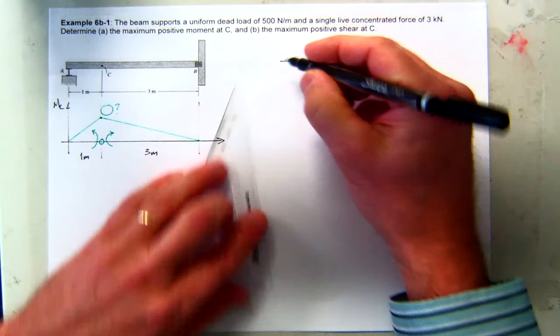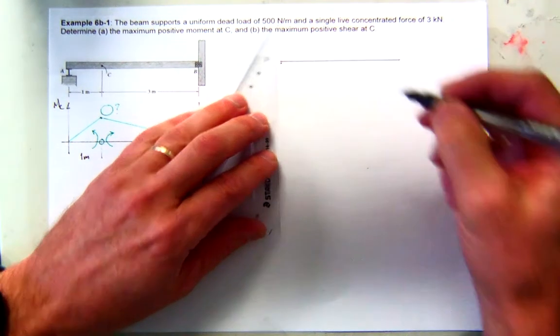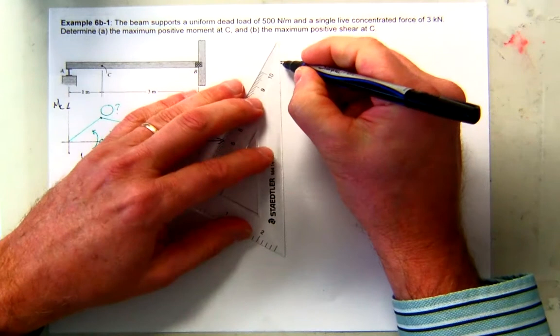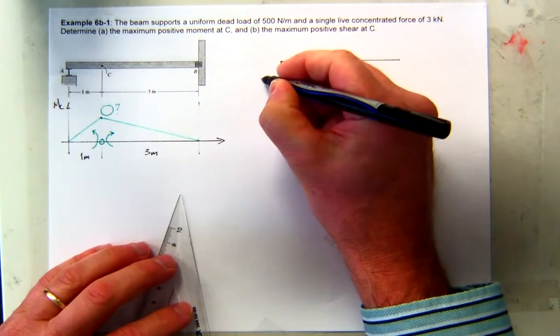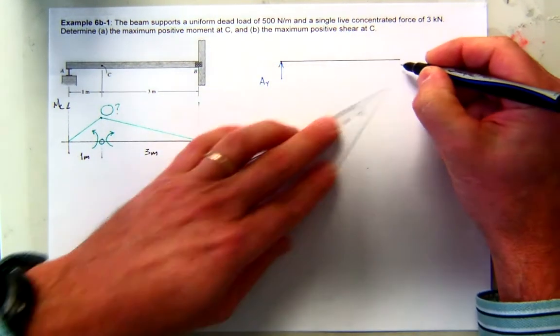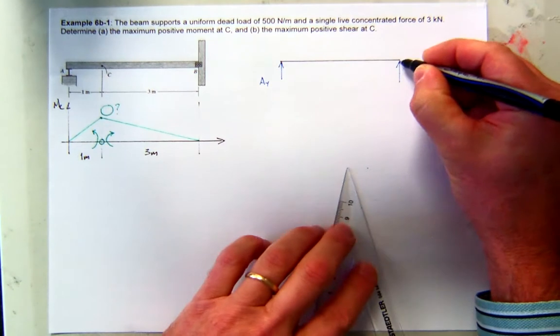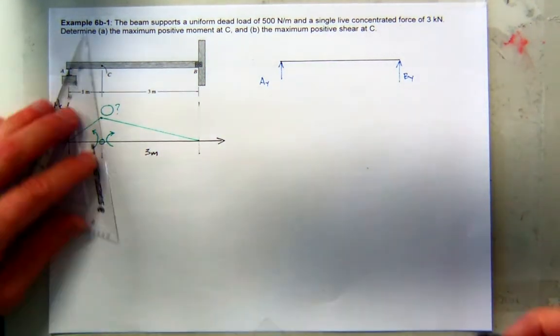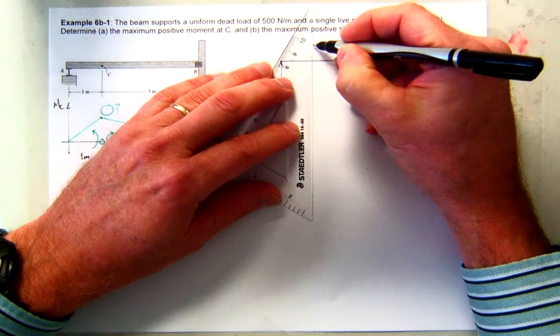So I have a reaction at A, and I have a reaction at B. So there's my AY, BY. And I'm going to put my unit load right at C, which is about here.